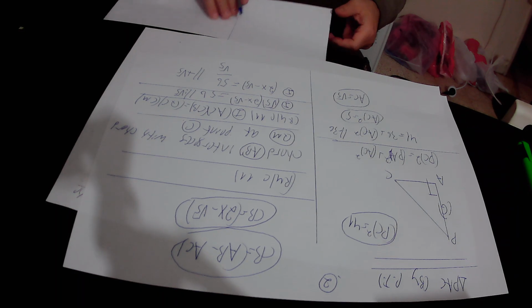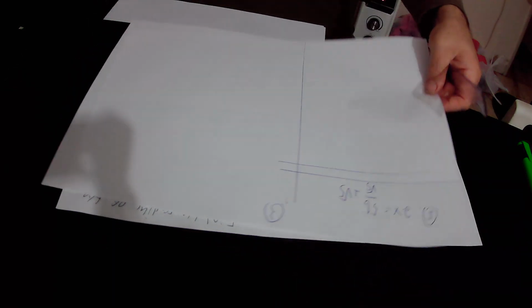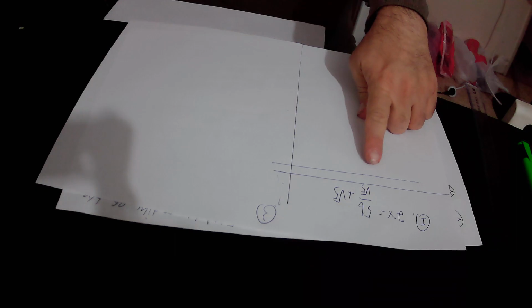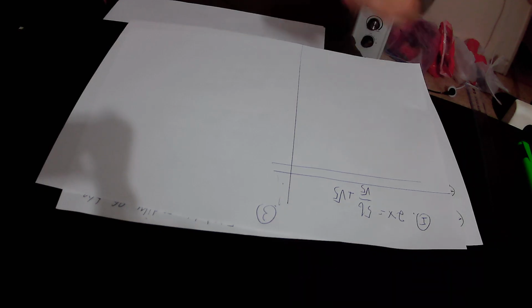I found out that according to equation number 1, 2x equals 5b over square root of 5 plus square root of 5.